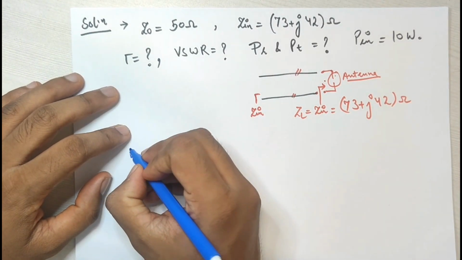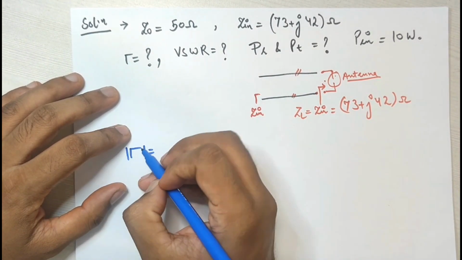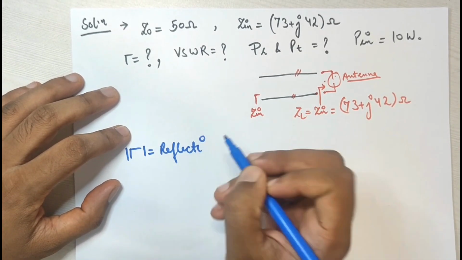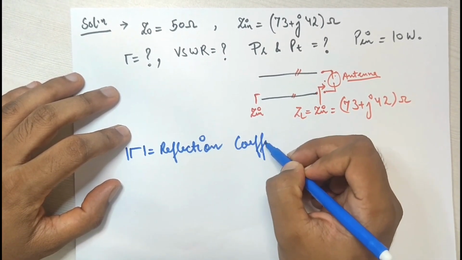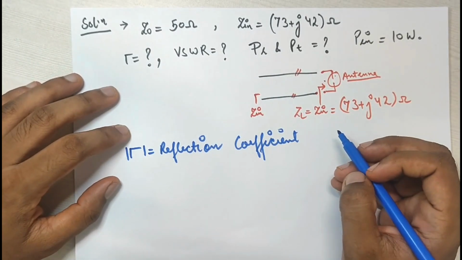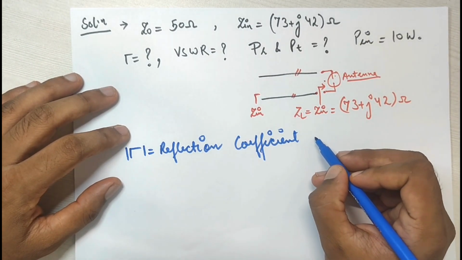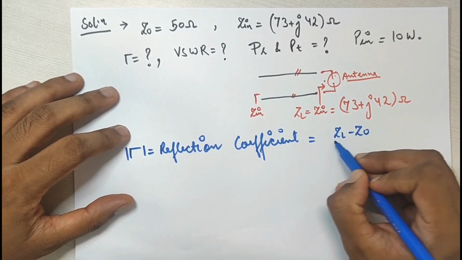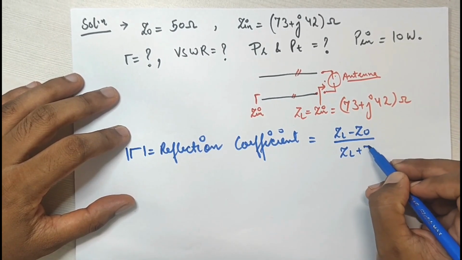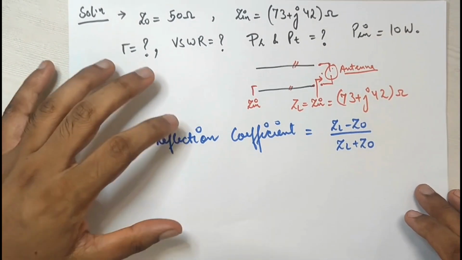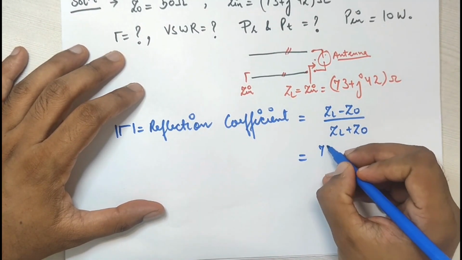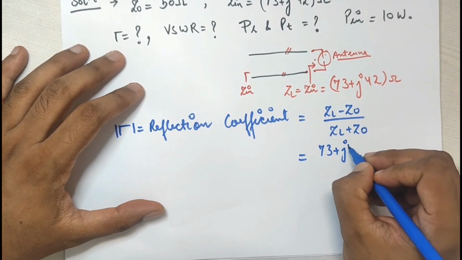Now we will try to solve this question. What we need to calculate? Reflection coefficient. What is the formula? That is ZL minus Z0 upon ZL plus Z0. What is the value of ZL? 73 plus J42.